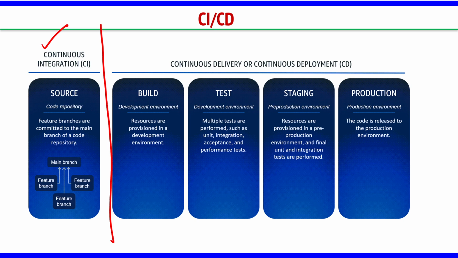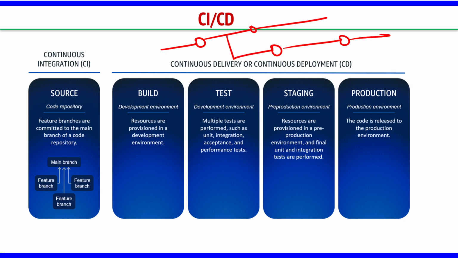Continuous integration, CI, represents, we have studied in Git, right? I will have the main branch, I can have multiple feature branches like this, somebody else is working here, somebody is working here, right? So we can merge all those in the main line.